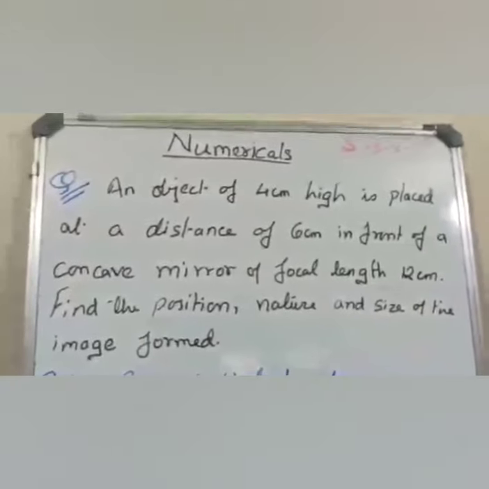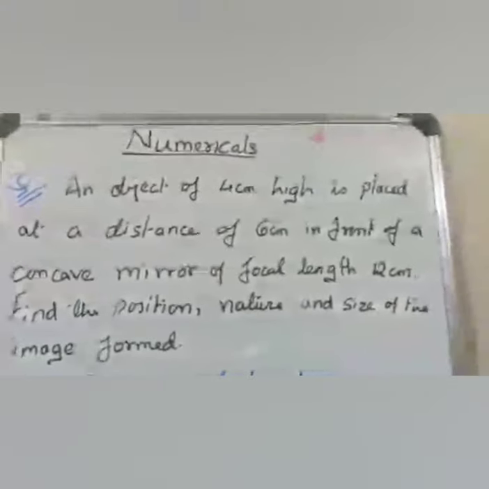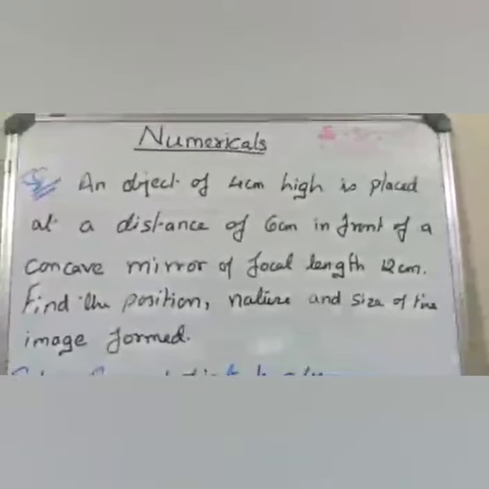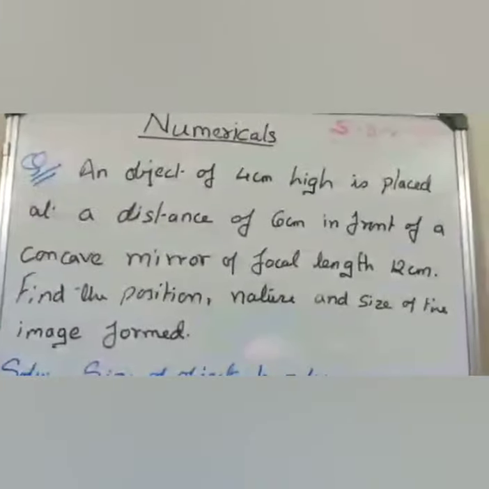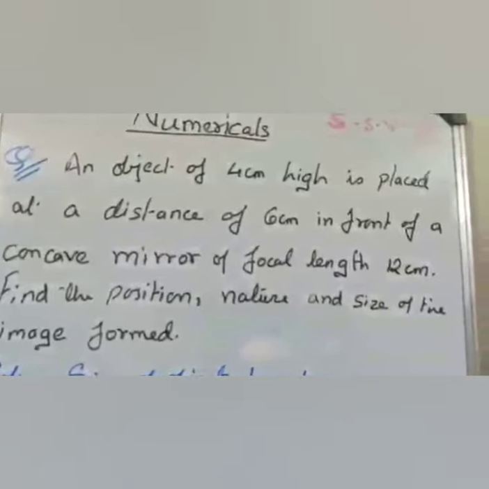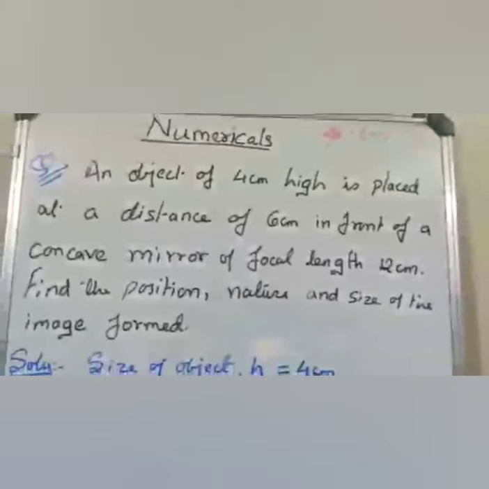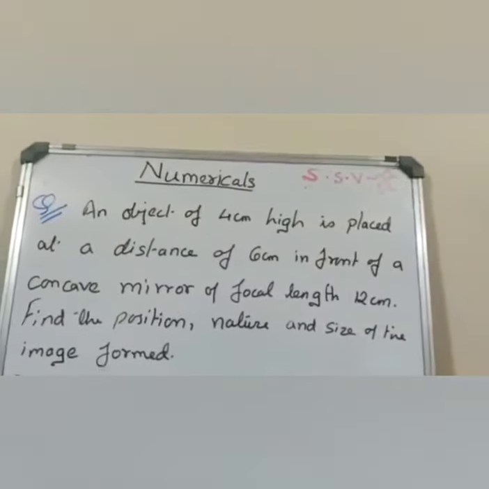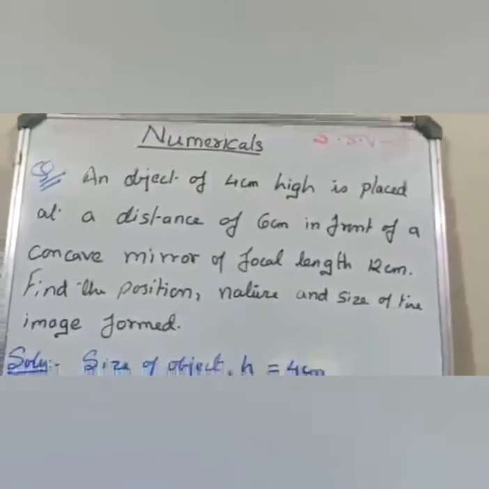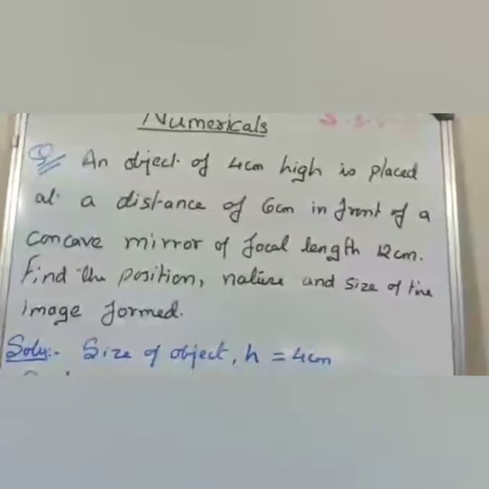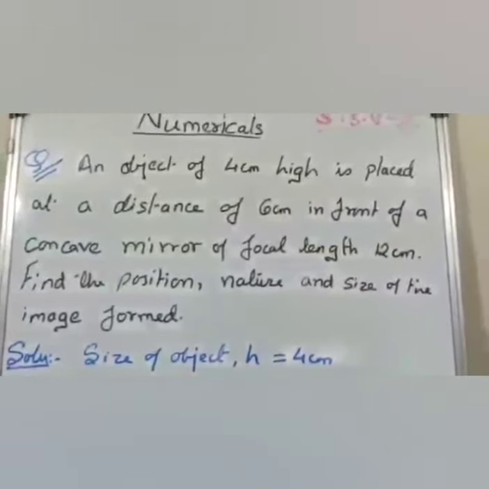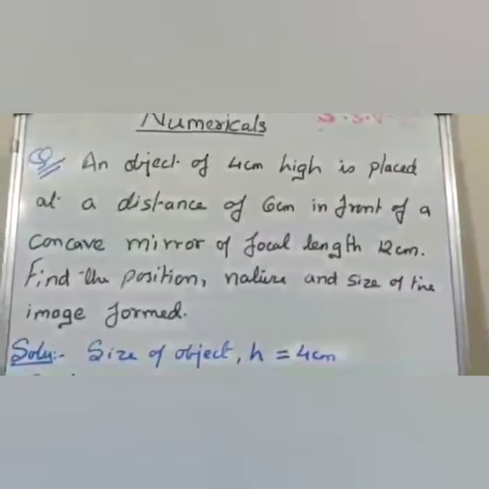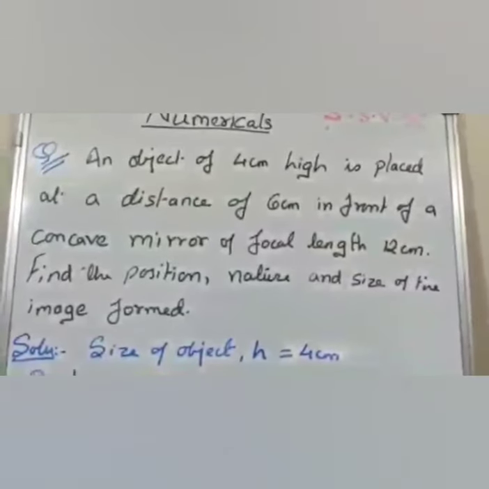So our next question is, an object of 4 centimeter high is placed at a distance of 6 centimeter in front of a concave mirror of focal length 12 centimeter. The size of the object is 4 centimeter. The distance of the object is in front of the left side of the concave mirror, 6 centimeter, so u will become minus 6.